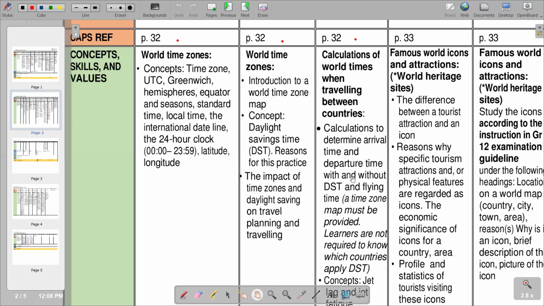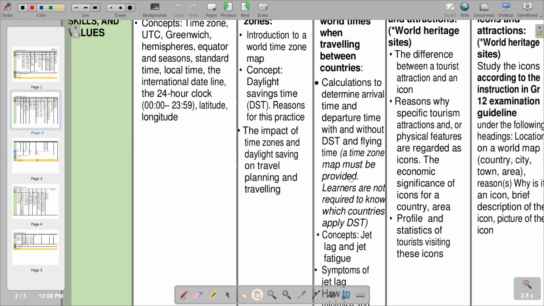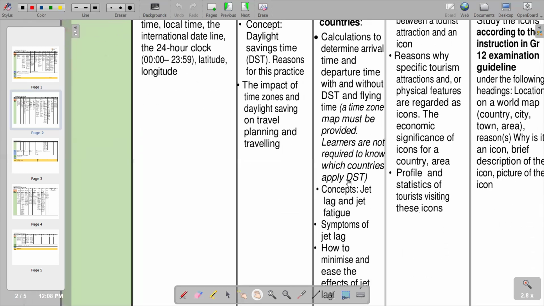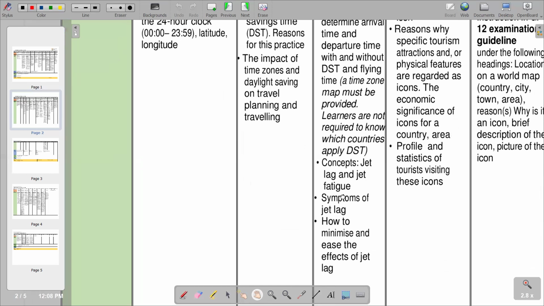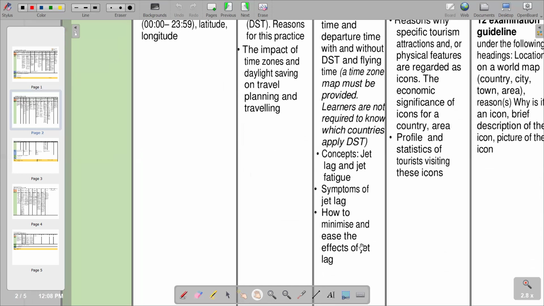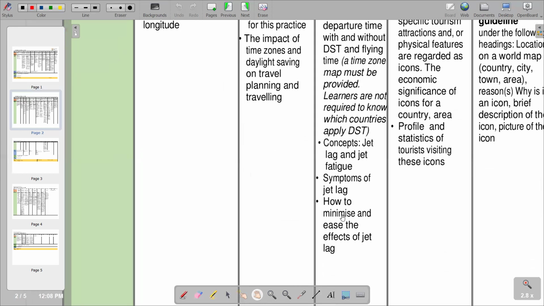So basically, you are supposed to know your time representation in the 24-hour clock and the 12-hour clock. And obviously, you are supposed to familiarize yourself with your time zones. Then the concepts jet lag and jet fatigue, symptoms of jet lag, and how to minimize and ease the effects of jet lag. So this is what we have.